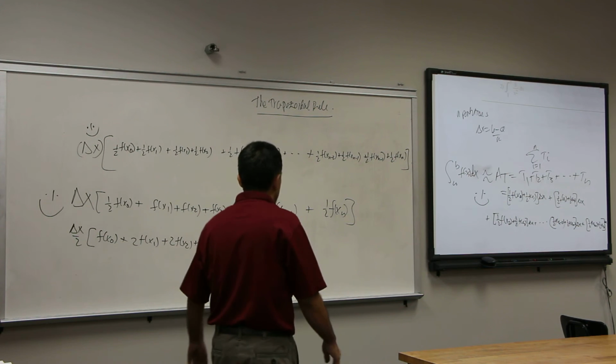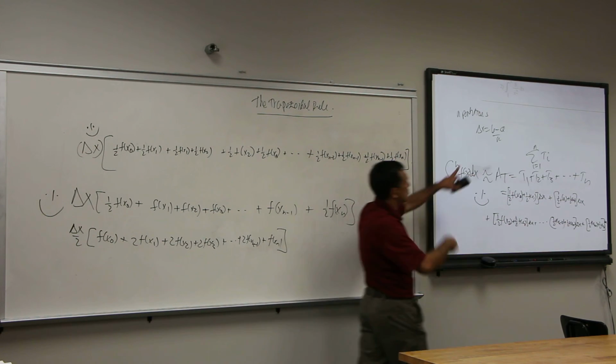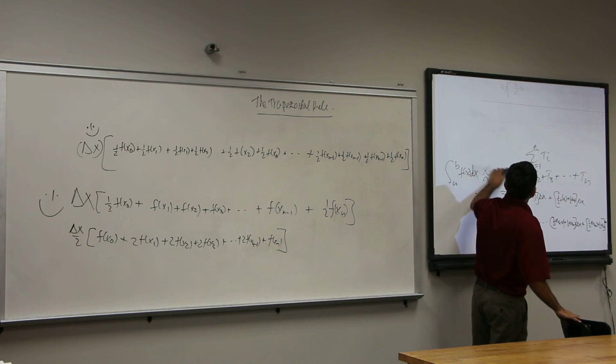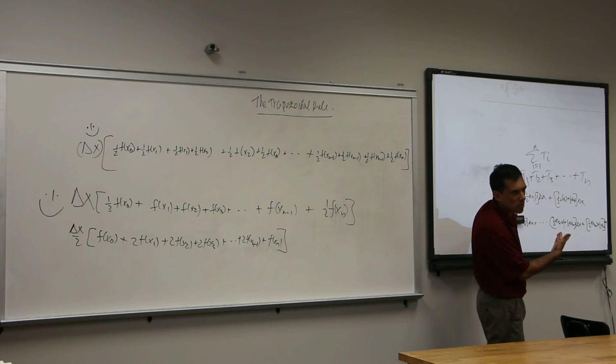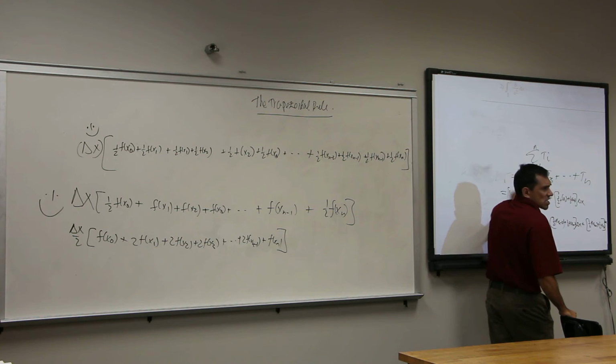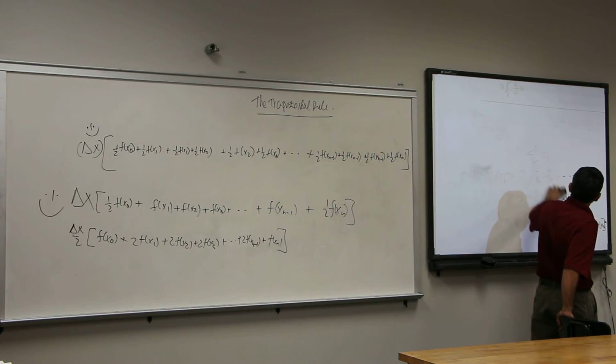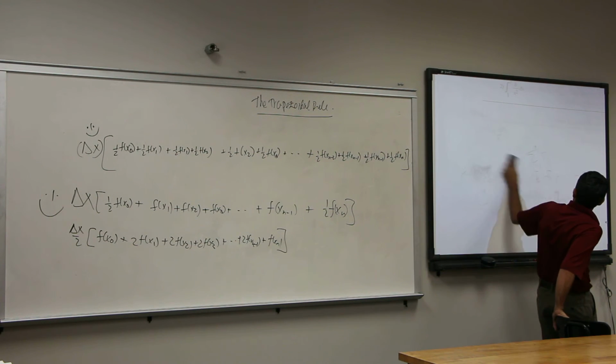So I'm going to approximate that with n equal 4 using the trapezoidal rule. What is the exact answer? I already know the trapezoidal rule, but I'll just do it with this rule. What is the exact answer on that? The area under 8 over x squared between 1 and 3.